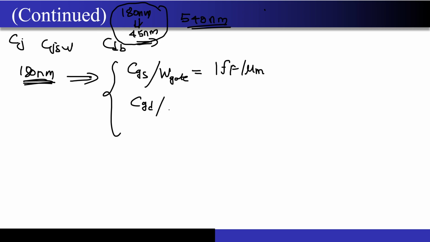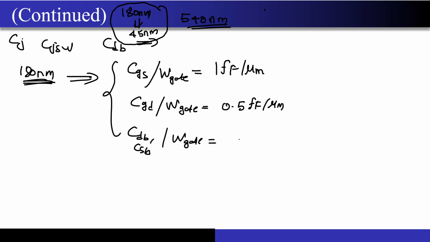Similarly, CGD per unit gate width will come out to be around 0.5 femtofarad per micrometer, and your CDB or CSB per unit gate width will come out to be around 1.5 femtofarad per micrometer.